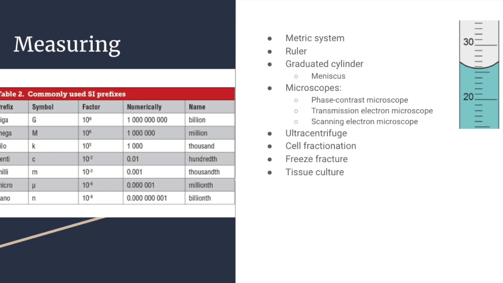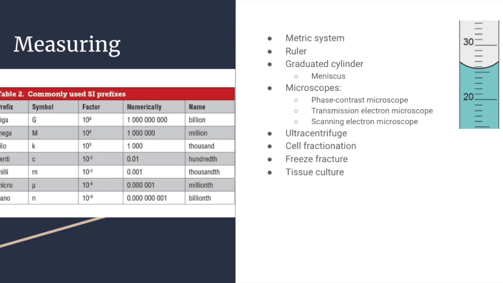There are also different microscopes, like the phase contrast microscope, which is useful in examining living unstained cells. The electron microscope uses beams of electrons to produce superior resolving power as well as magnification over 100,000. There's a transmission electron microscope, which is useful for studying the interior of cells.